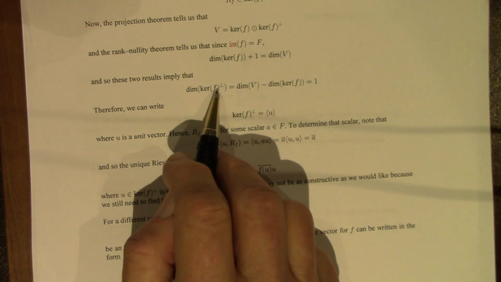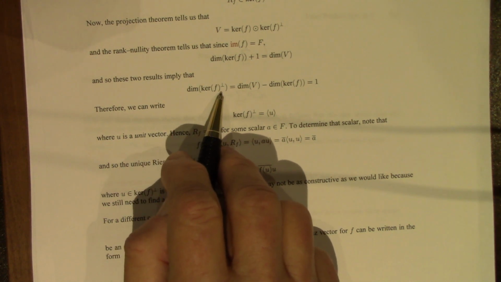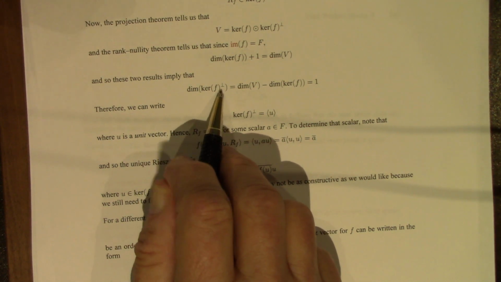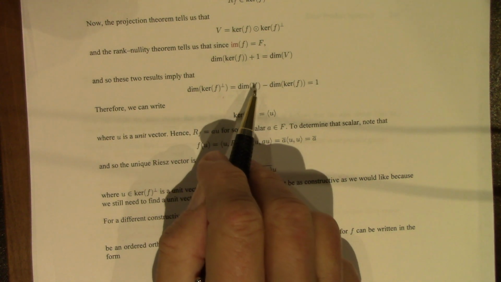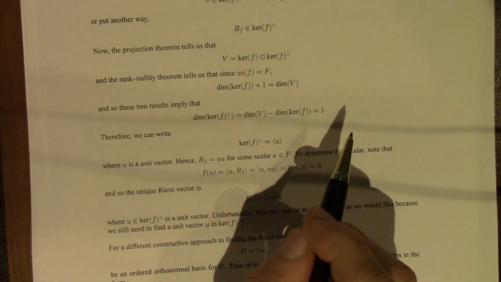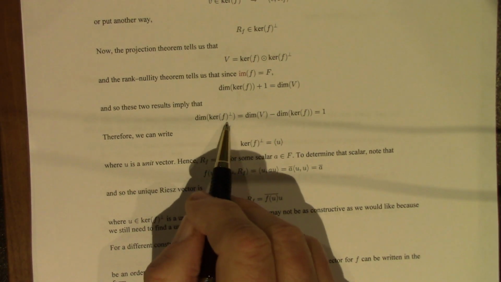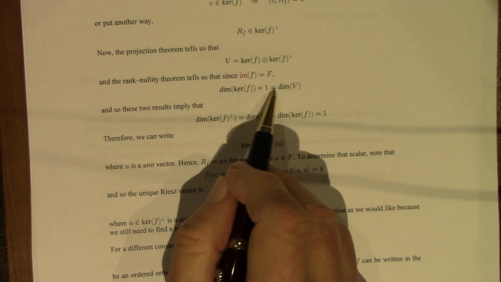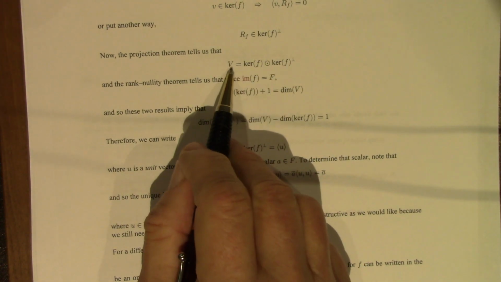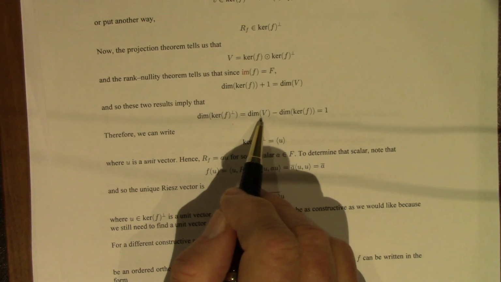And so the dimension of the kernel of f perp, if you look back here, is the dimension of V minus the dimension of the kernel of f.